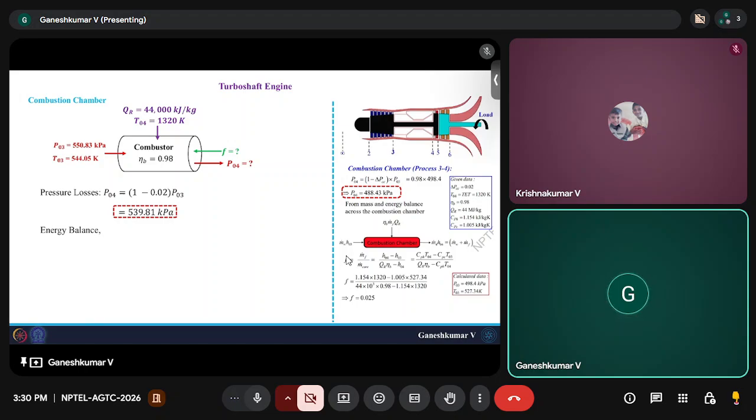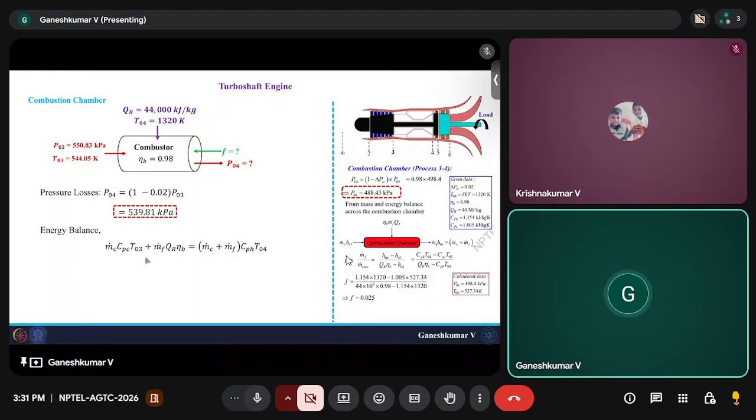The energy balance is nothing but the energy of air entering, which is m dot c CPC T03, the total enthalpy of air entering, and the total enthalpy that is added in terms of fuel, which is m dot f into the calorific value of the fuel into the burner efficiency, eta B. This is equal to the total energy exiting the combustor, which is (m dot c plus m dot f) into CPH into T04. So the only unknown here is m dot f.